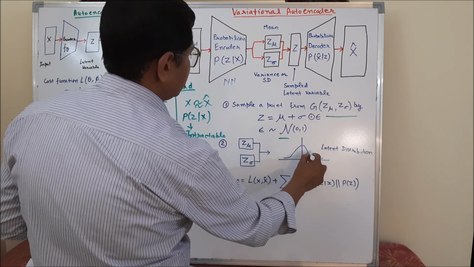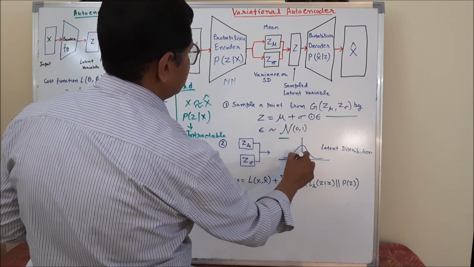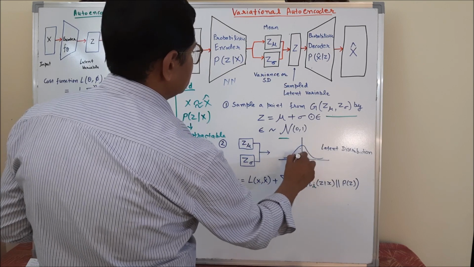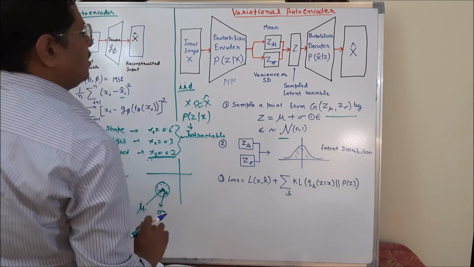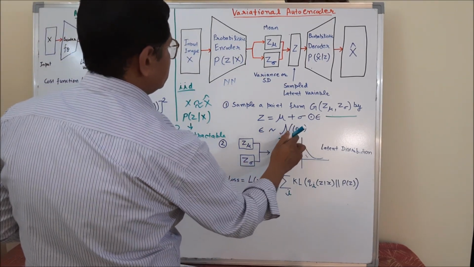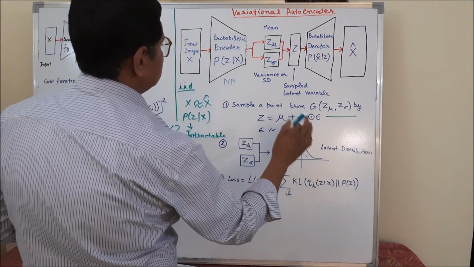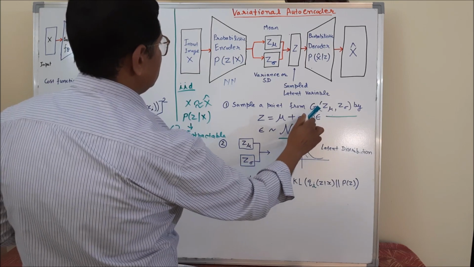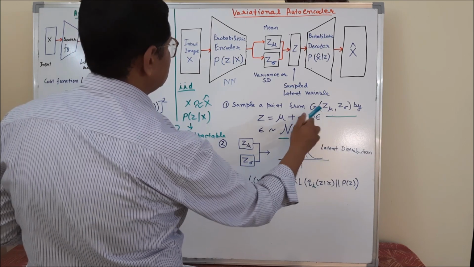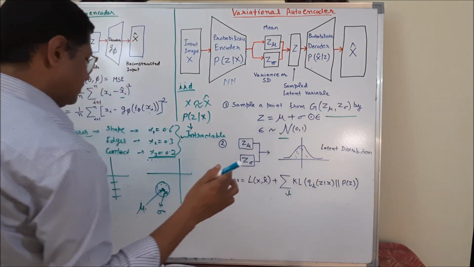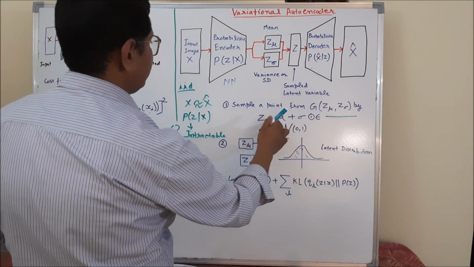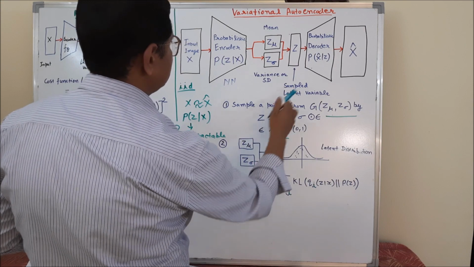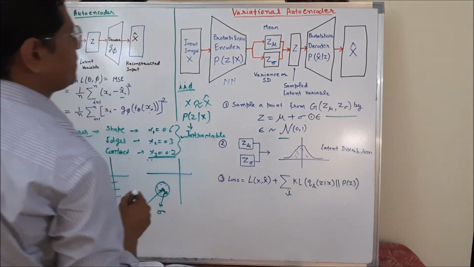I just explained it through two-dimensional things, but it is actually three-dimensional. So just consider that it is three-dimensional. So now the unit normal distribution has mean 0 and standard deviation 1. So once we take the element-wise product and add it with the mean, then we achieve this sample latent variable.